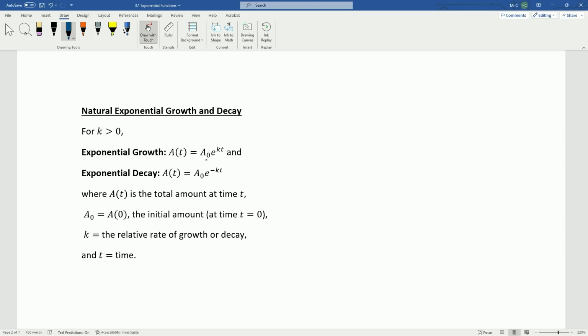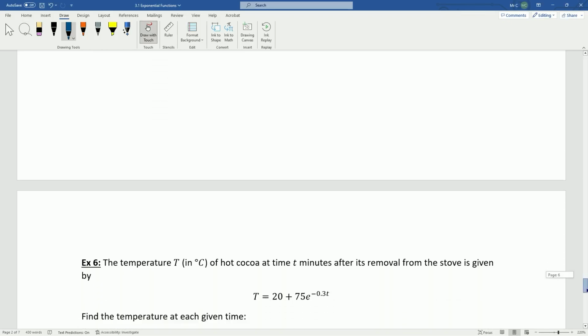That looks just like PERT, but because we're not talking about principal, we just renotated it as A0, meaning the initial amount of something. And k here is the relative rate of growth or decay. For exponential decay, that's just when your exponent is negative, because then your graph is going down instead of going up.